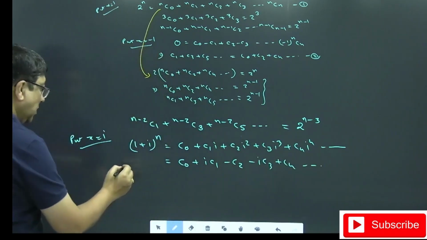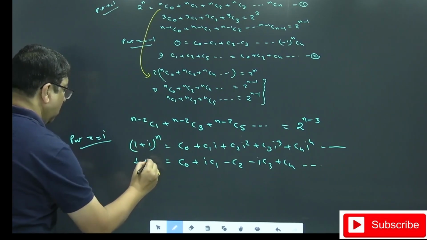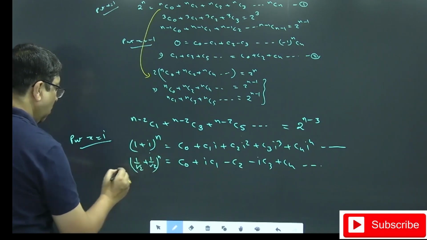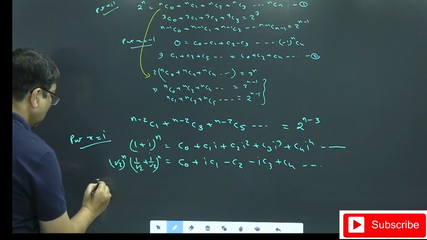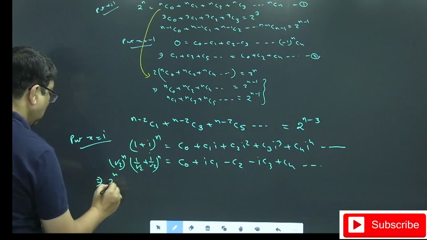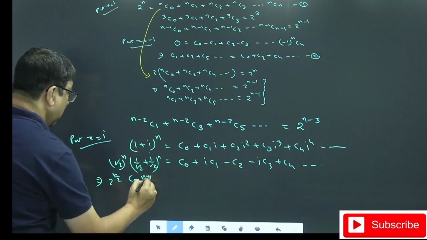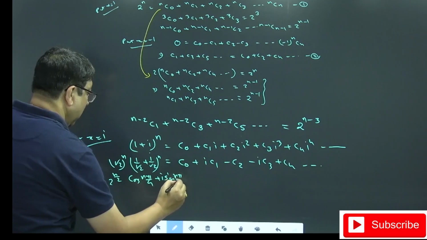So on the left hand side, if we multiply by 1 by root 2, our target is to apply (cos θ + i sin θ)^n in De Moivre's theorem. So we are getting 2^n by 2 and cos nπ/4 + i sin nπ/4.